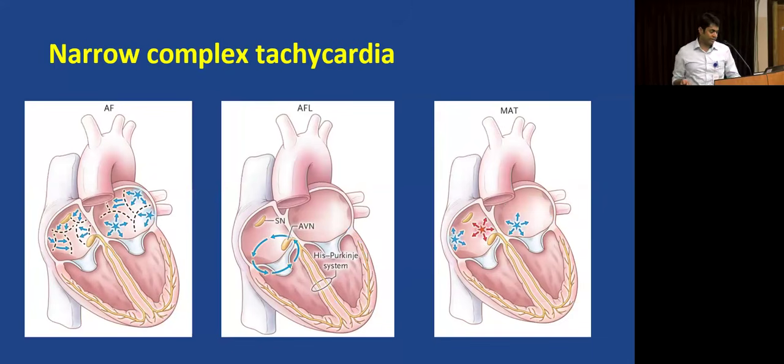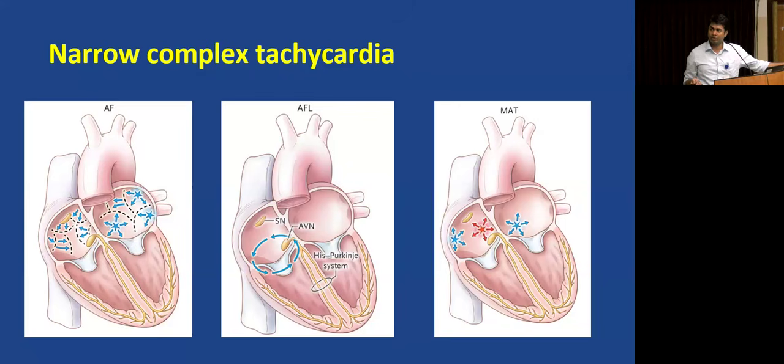Now, there is a group of tachycardias which are not typically called supraventricular tachycardias, but still produce a narrow complex tachycardia. One, as you all know, is atrial fibrillation, because if the conduction happens through the normal conduction system, it produces a narrow complex tachycardia. But the atrial activity is chaotic and produces a very irregular narrow complex tachycardia.